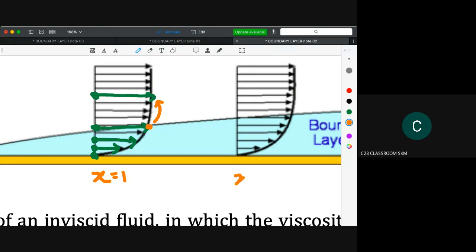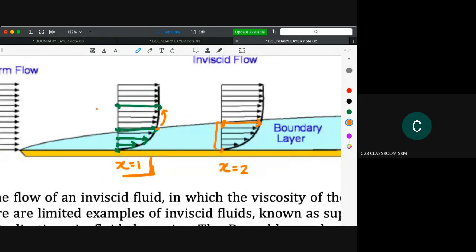However, at x equal to 2, at another location on the x-axis, we find that here the velocity is equal to 0, but the thickness of the area where the velocity is back to normal is a little bit thicker compared to the thickness at x equal to 1. What scientists do is compare to the experiment.